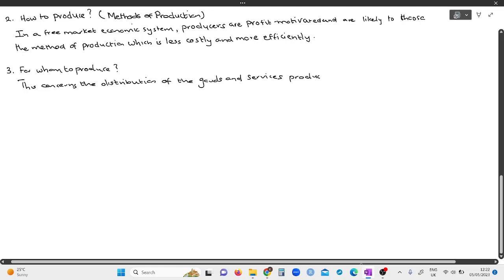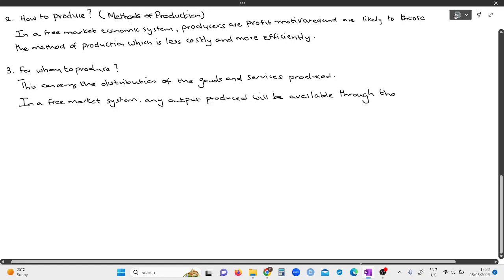Donc, in a free market system, any output produced will be available. Donc, quand nous finissons produire, quand nous mettons ça in shops, in markets, will be available through the markets.